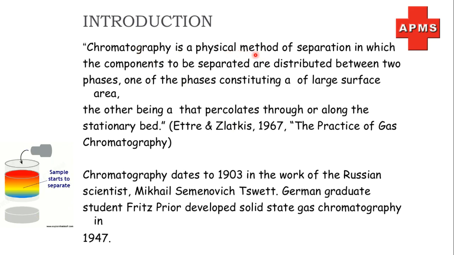In chemical methods, new compound formation takes place. In any type of chemical method, we will see a chemical reaction, but in a physical method there is no chemical reaction. In this method there could be only temperature change or volume change or just a separation.